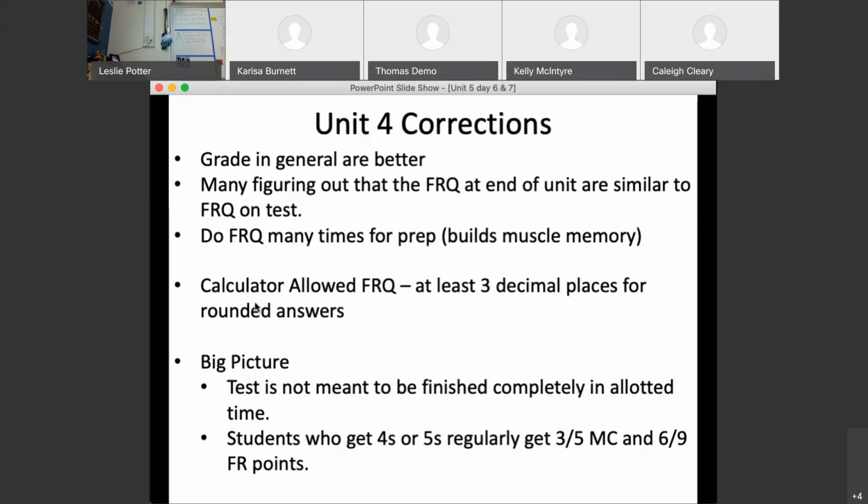I call it muscle memory because I equate it to shooting free throws. You don't just come in and shoot one free throw and say, okay, I'm ready. Most of the time you come in even before school starts and you're in the gym shooting free throws at some ungodly time like 5 a.m., because you want to shoot about 500 of them before you go to class. That's muscle memory.